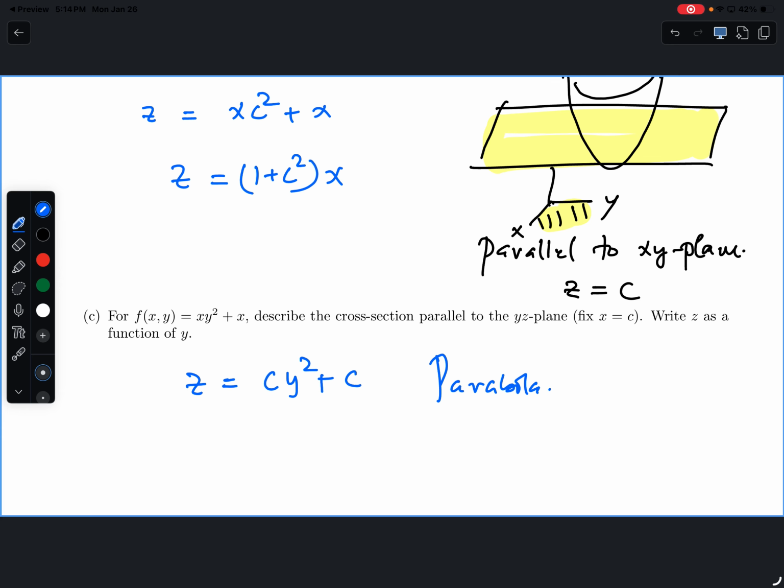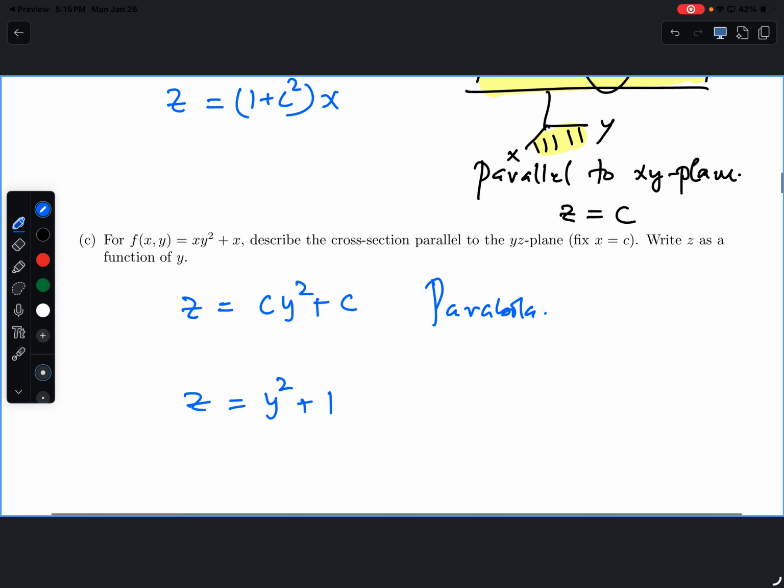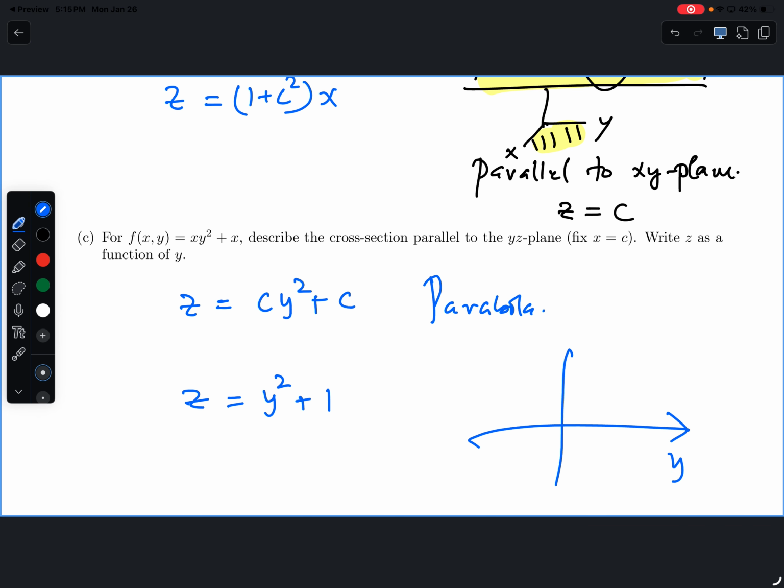It will be a single point, z is equal to 0. Z is equal to 0 might correspond to a line or a plane as well. And x is equal to 1, for example. Let's say the value of c is 1. Then this is z is equal to y squared plus 1. Obviously, this is a parabola in the yz plane, which is shifted 1 unit upwards in the z direction.